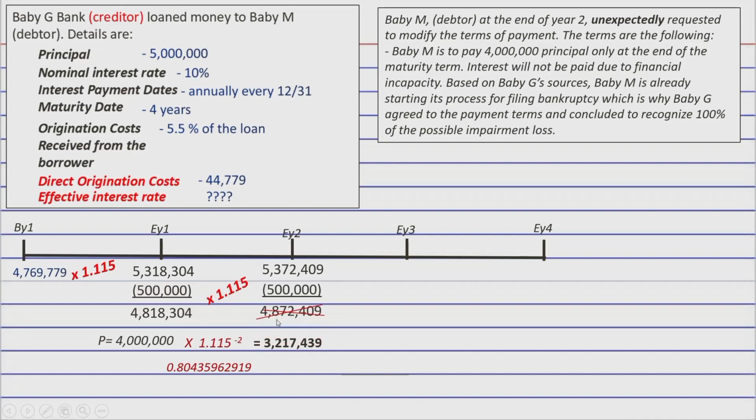Now, let me emphasize, this is not the same with the debt restructuring modification terms topic that we discussed in the past episodes, where we still need to know if there is substantial modification or there is no substantial modification. Because if there is substantial modification, we are going to change the old balance.